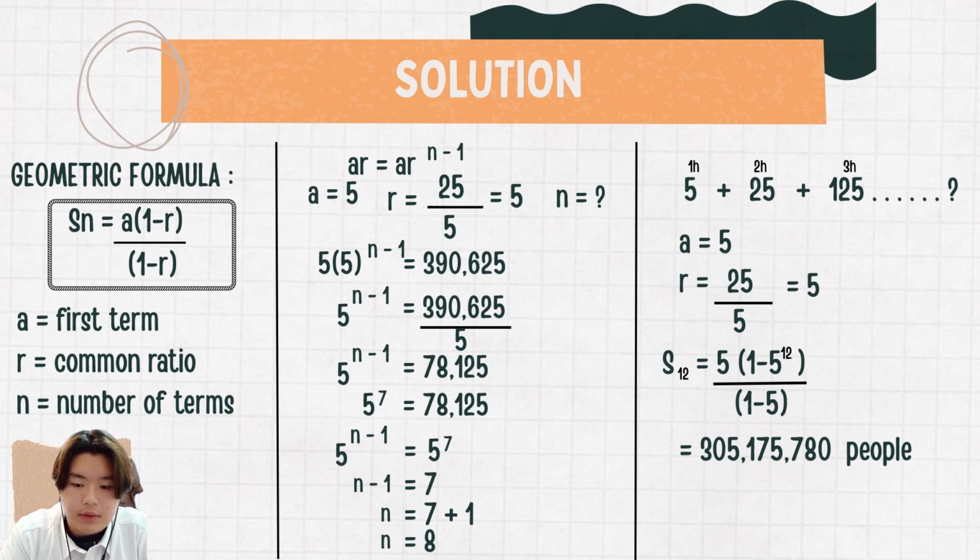Bringing all this information into the formula, we get S12 equals 5 times 1 minus 5 to the power 12, divided by 1 minus 5. And the answer is that 305,175,780 people will receive the link after 12 hours since we uploaded the video.